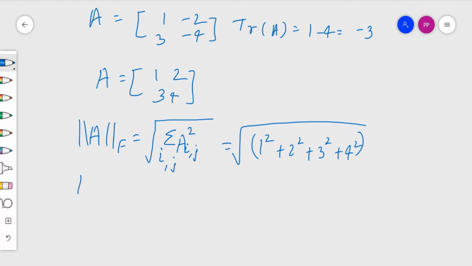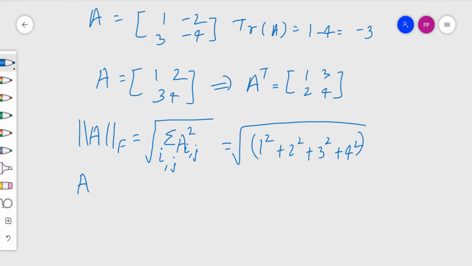If I take the matrix A, here I write A transpose as 1 3 2 4.